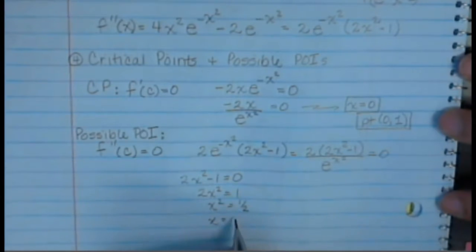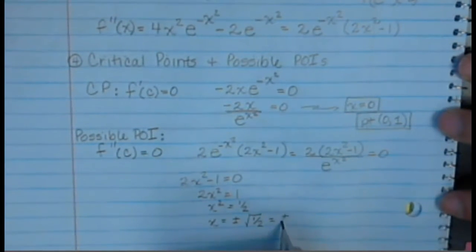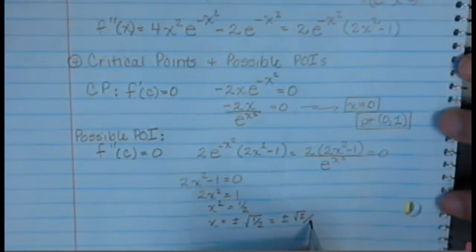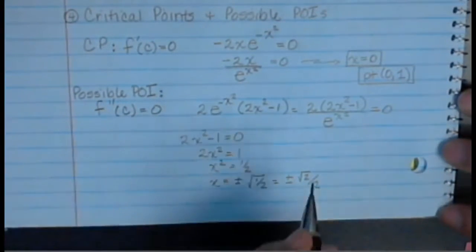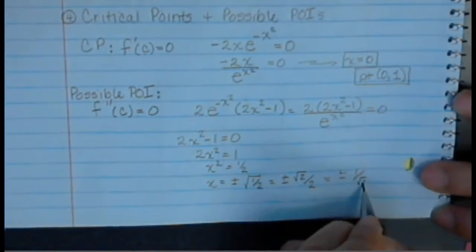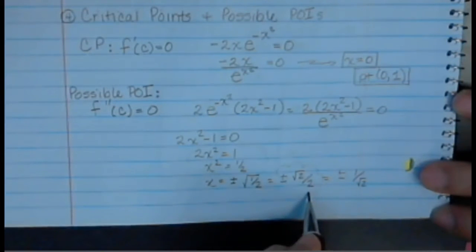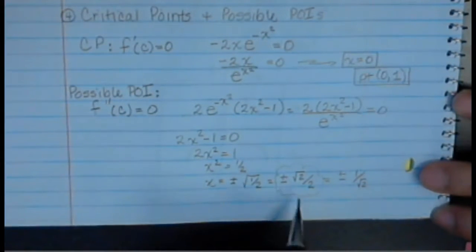Then x is equal to plus or minus the square root of 1/2, or plus or minus the square root of 2 over 2. Now, you can leave it like this, or you can leave it as plus or minus 1 over the square root of 2 instead of rationalizing the denominator. I'm used to rationalizing the denominator, and that's the reason why you see this value.